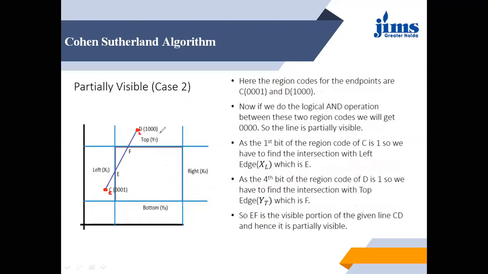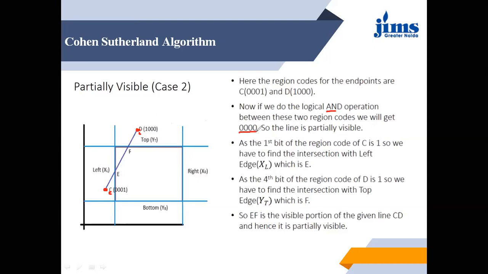And when we perform the AND operation of these, we did not get a non-zero value, means we get 0000. So it means this is partially visible.